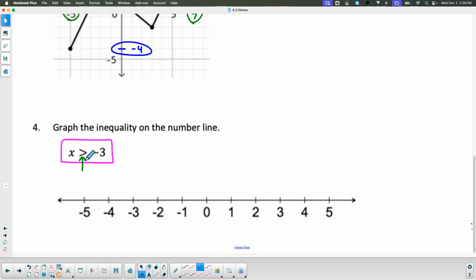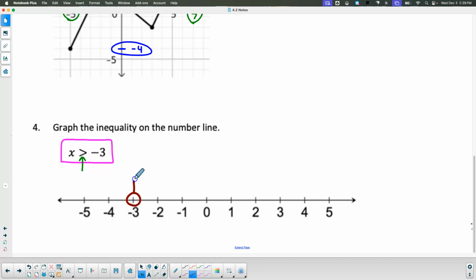Yep. Okay, so I put an open dot at -3, and truthfully, for me, that's the only number that I care about on your number line. I don't care about all those other numbers. I only care about -3. Yeah? And then we said which way was our arrow going to go? Arrow was going to go to the right.